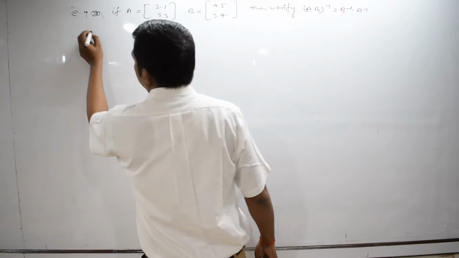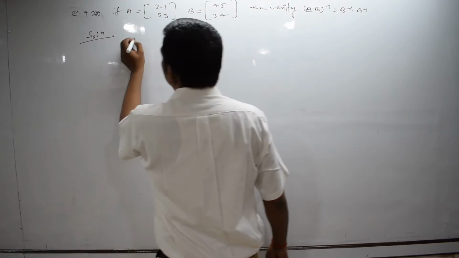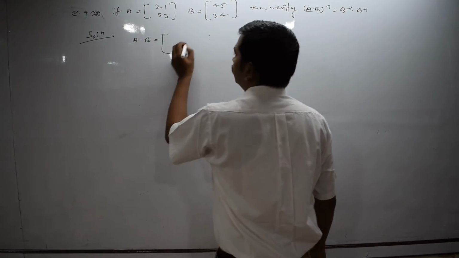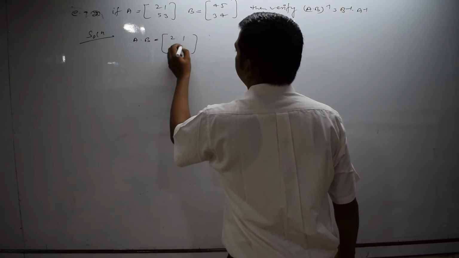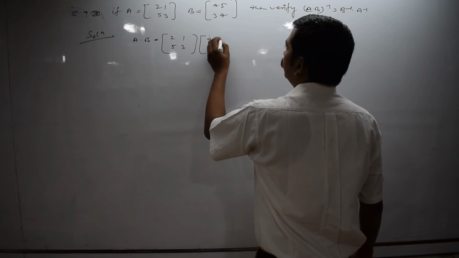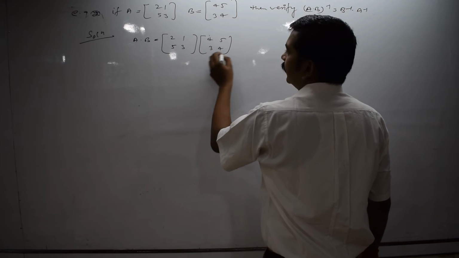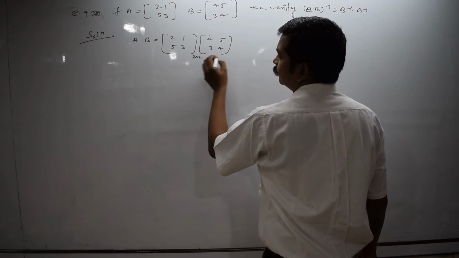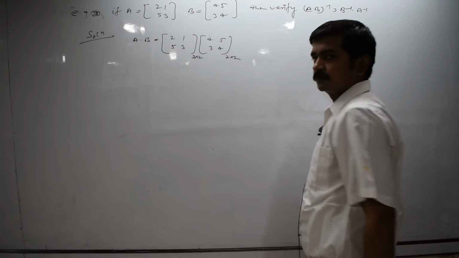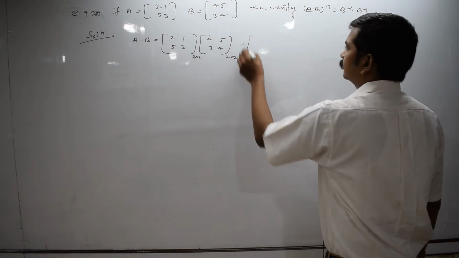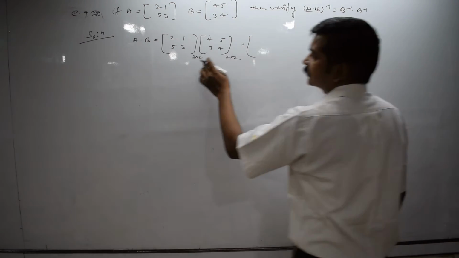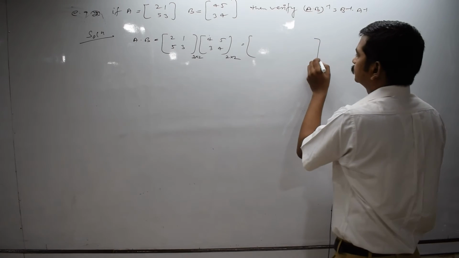So, we start. First we find A dot B. Here is [2 1; 5 3] and [4 5; 3 4], and the order of A is 2 cross 2, and this is also 2 cross 2. So, the multiplication will also be 2 cross 2.